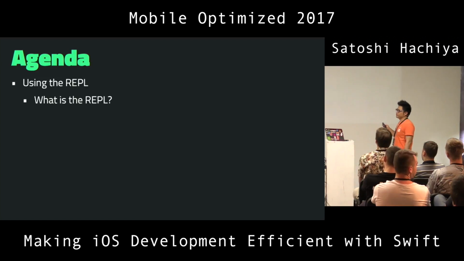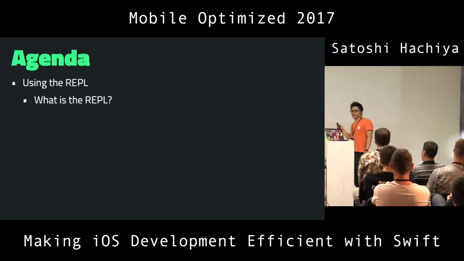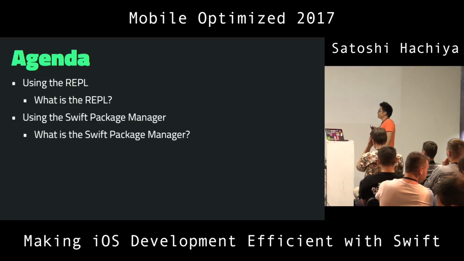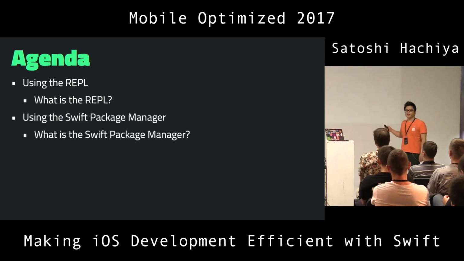First, using the REPL. The REPL is a read, eval, print loop. It's a simple way to read, evaluate, and print the result of any Swift code.